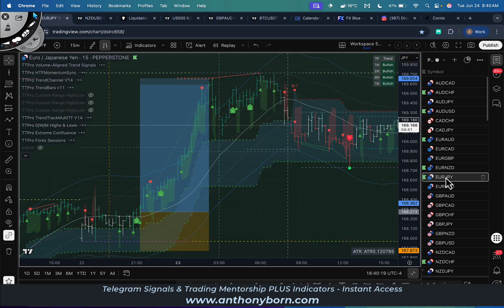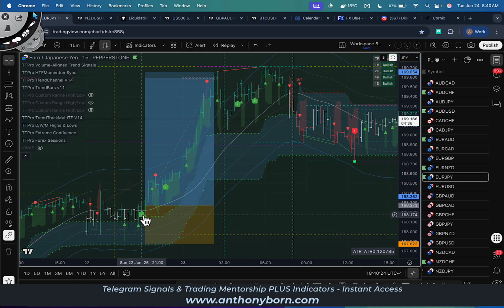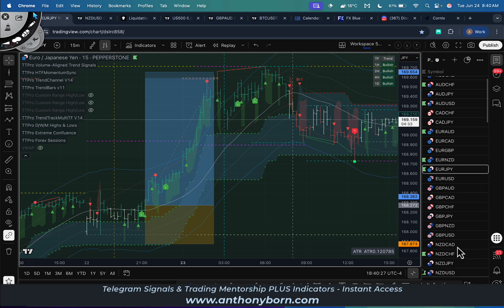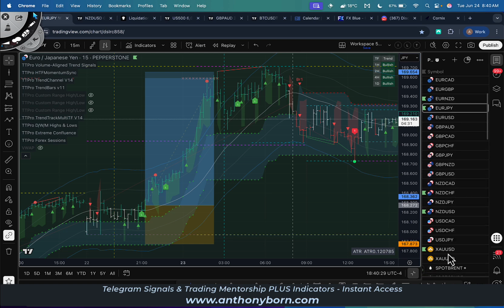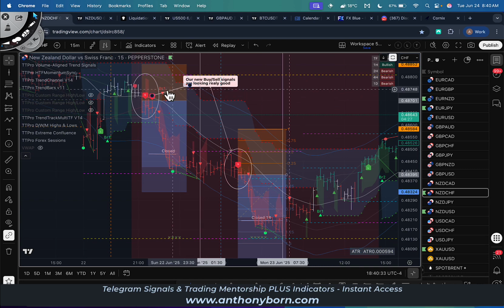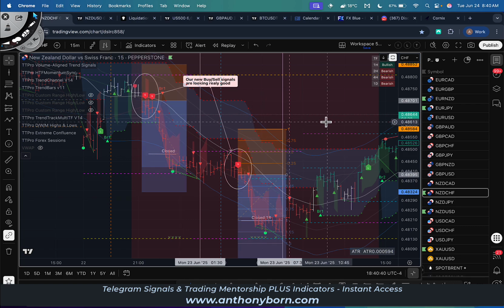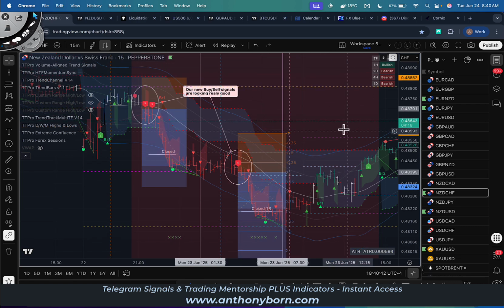Euro yen. We're up another 3R. 11R. Okay, based off these signals here. The Kiwi Swissy, that was one I traded twice. That was the first signal I took, short, 2R, 12, 13, 14R. You see where I'm going with this.